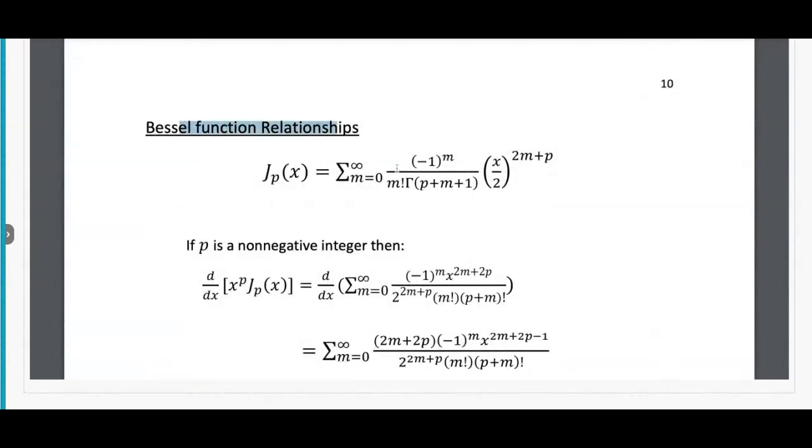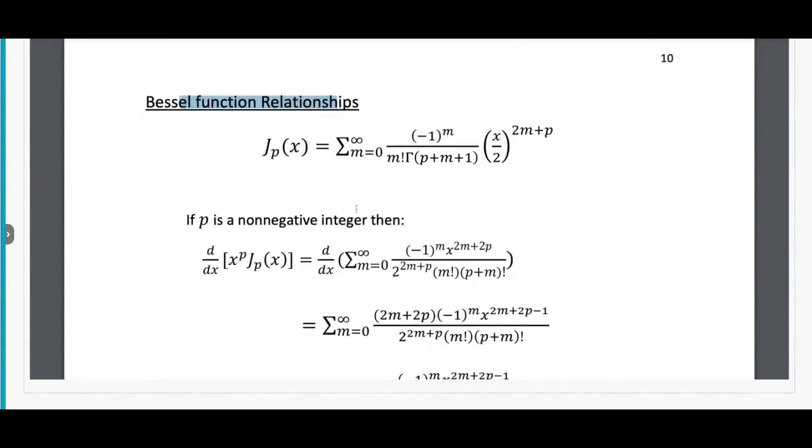Okay, Bessel function relationships. J_p looks like this, you know. I don't even memorize this, so I'm not going to ask you to memorize this. But as long as we recognize, okay, when we see this, we know what this is.